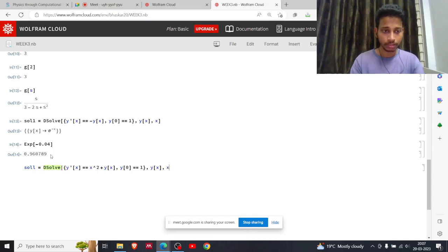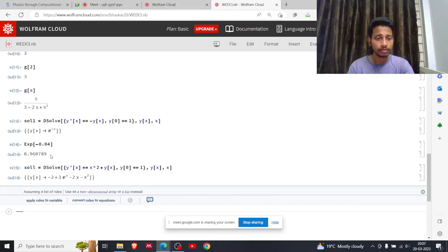This is the function y of x equal to minus x minus 2 plus 3 e to the power x, like this.